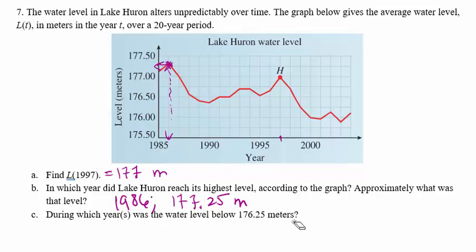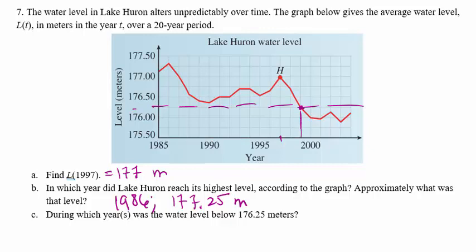And then lastly, part C. During which year or years was the water level below 176.25 meters? So we locate 176.25 on the vertical axis, sketch a horizontal line, and find the intersection or intersections of the graph with that horizontal line.